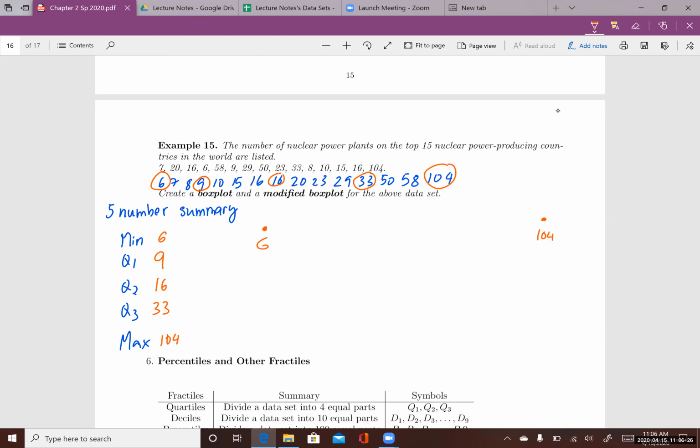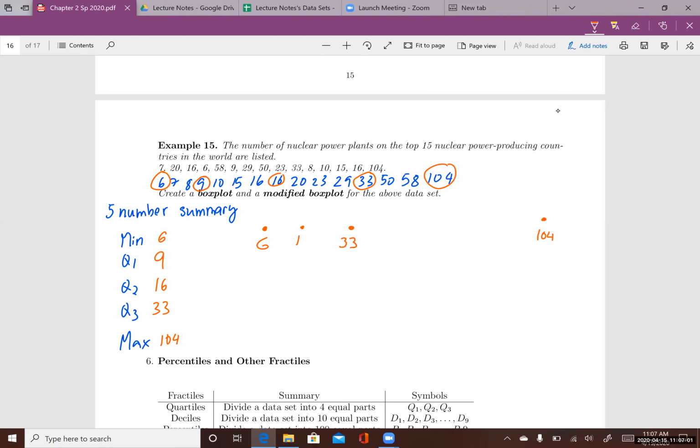You divide it by 3, so then you have 33 over here. So I have Q3 here, which is 33. And then I have 9, which is very close to here. And for 16, the difference between these two is 27, so 16 should be around here.